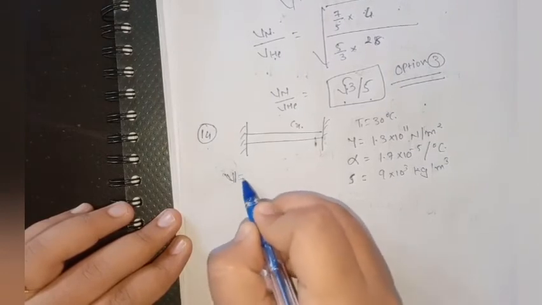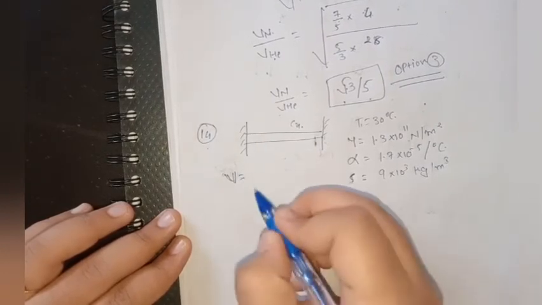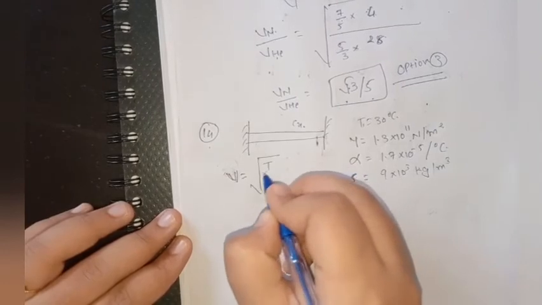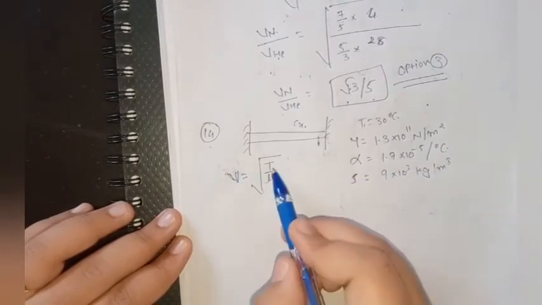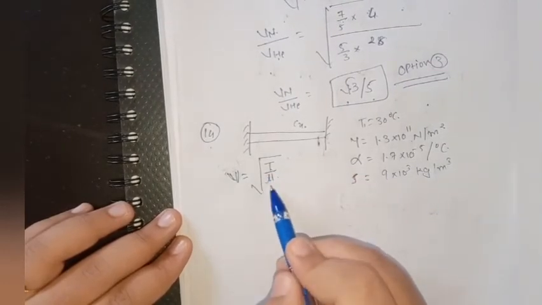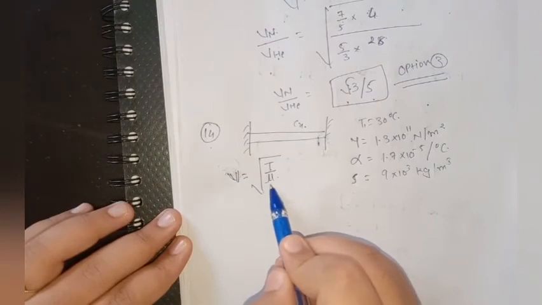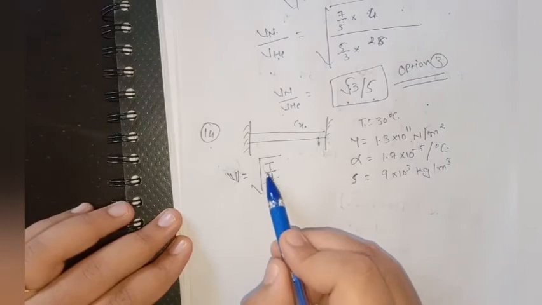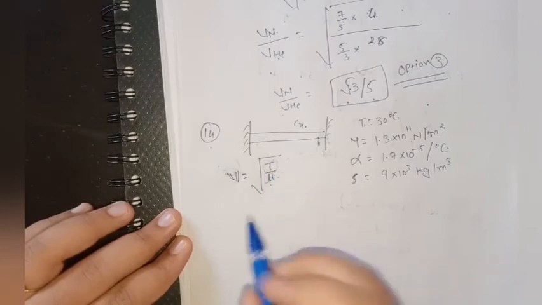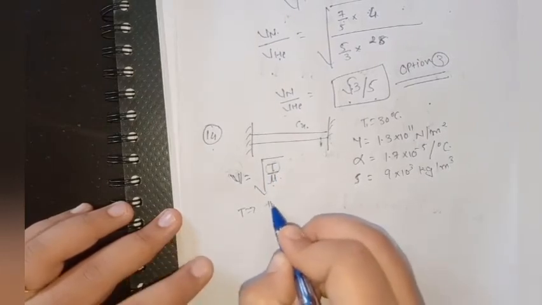The speed of transverse wave in a stretched wire can be given as under root T by mu, where T is the tension force and mu is the mass per unit length, that is linear mass density. Here the tension force will be created due to thermal stress.